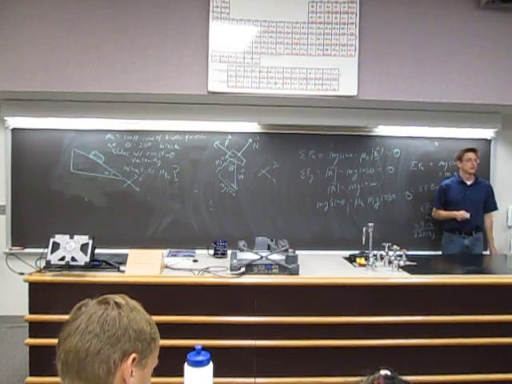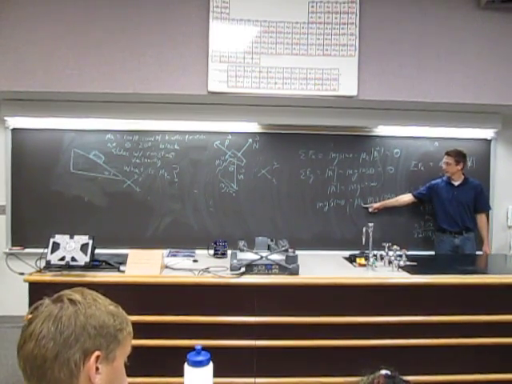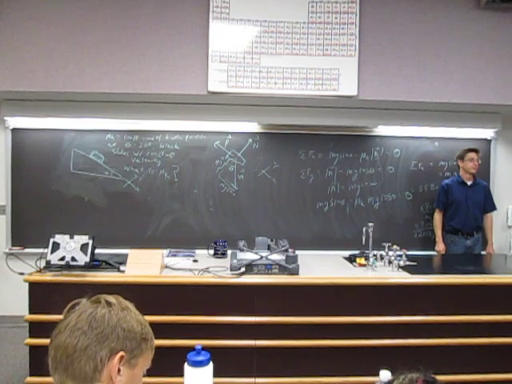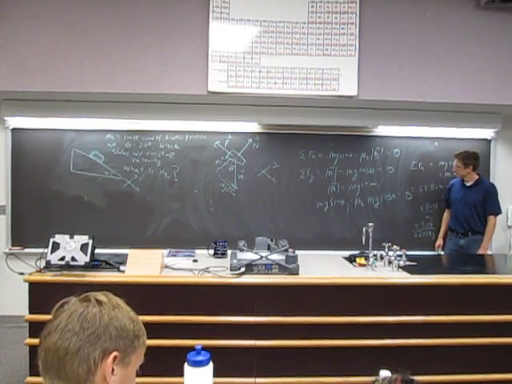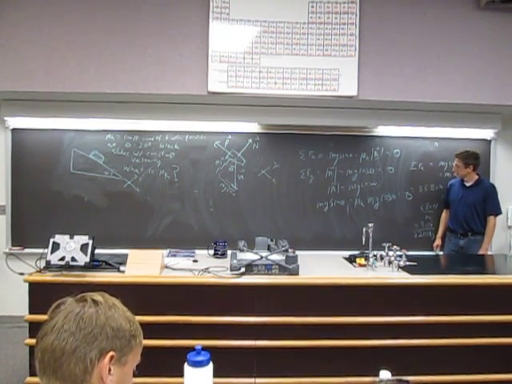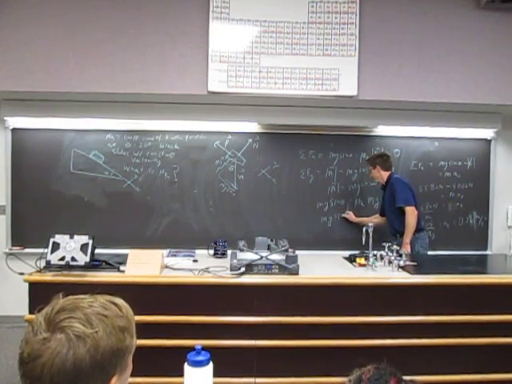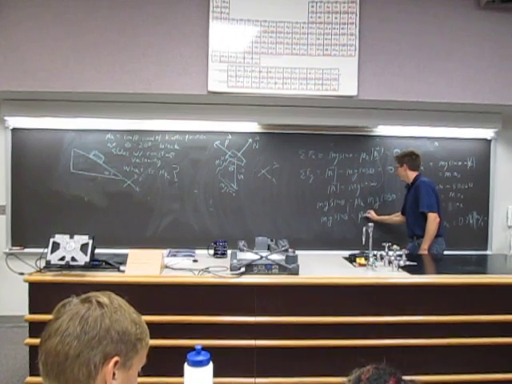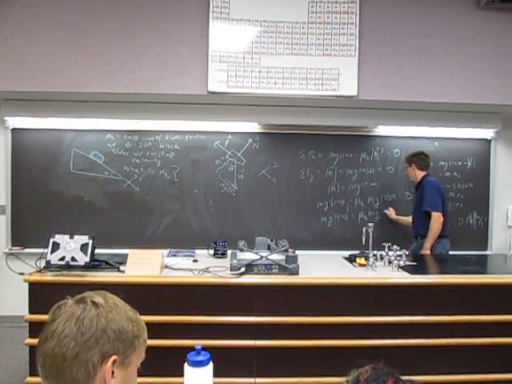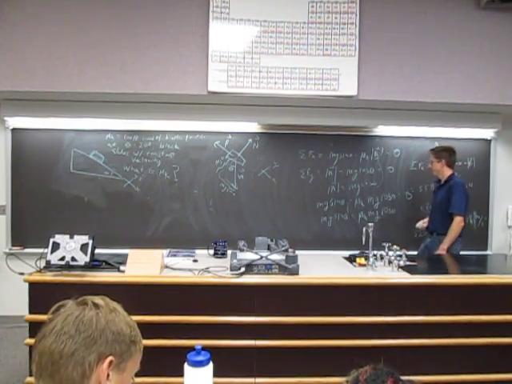So what should I do if I want to figure out what this is, the mu sub k? Add over the mu_k term. mg sine of theta is equal to mu_k mg cosine of theta.